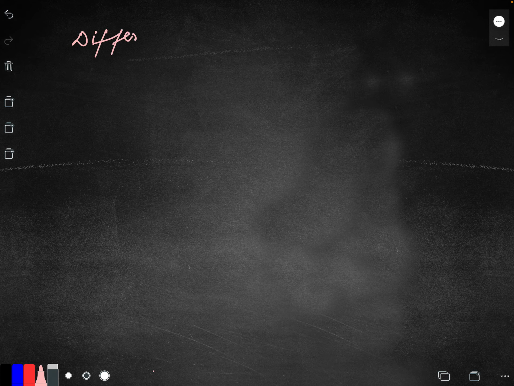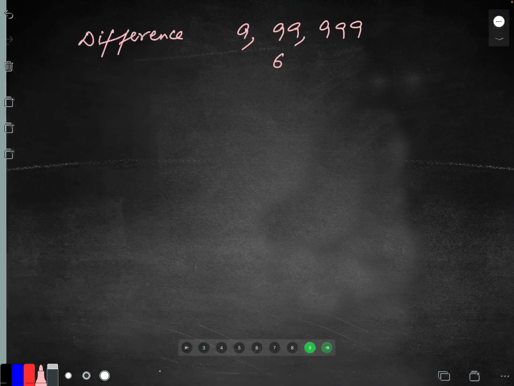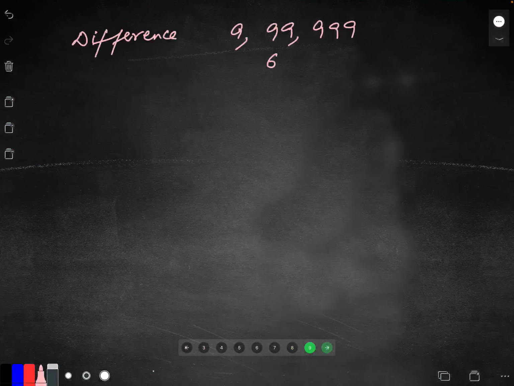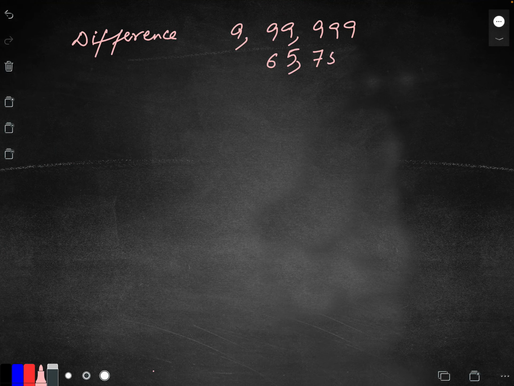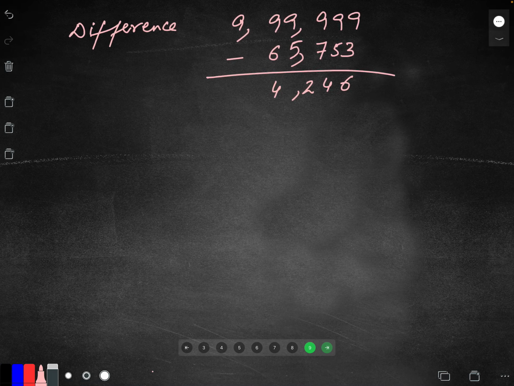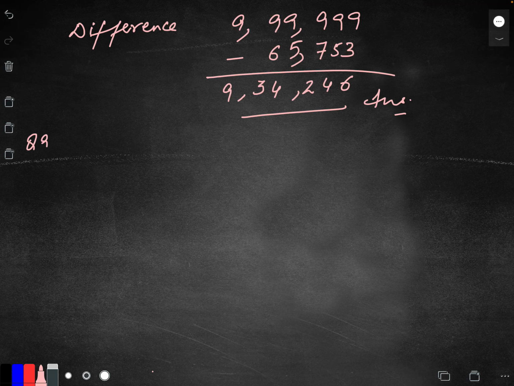Step 2 is the difference, the subtraction. 9,99,999 minus 65,753. You get 6, 4, 2, 4, 3, 9. 3, 9. This is going to be your answer. I hope I have made the sum very, very clear to you.